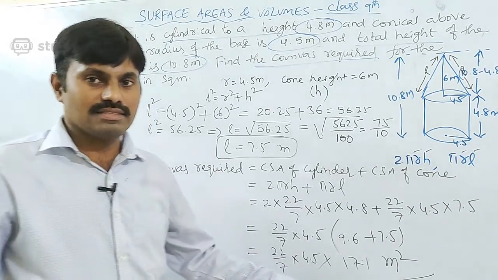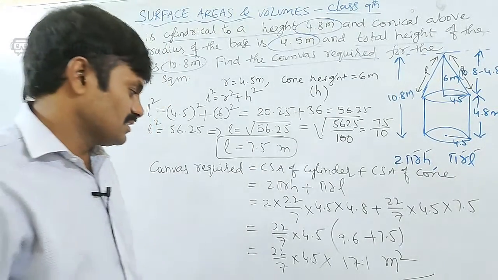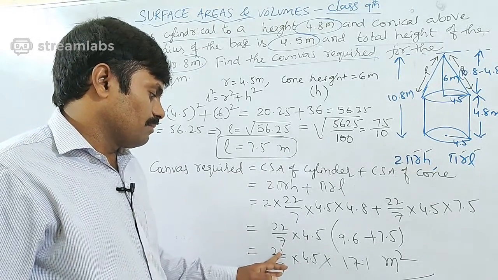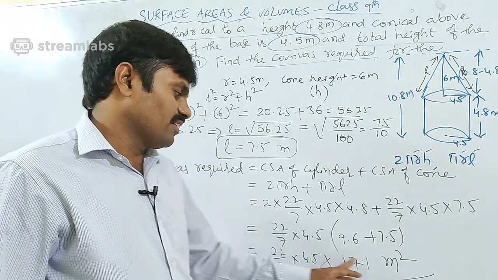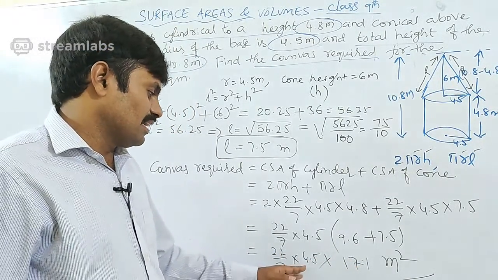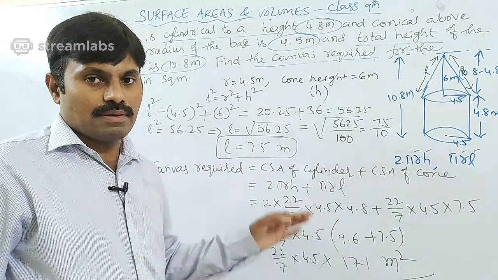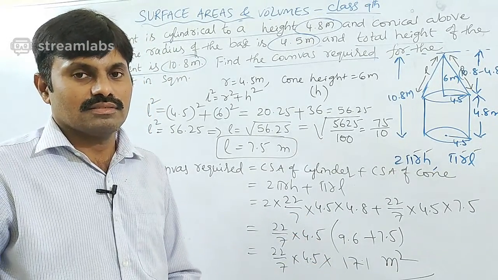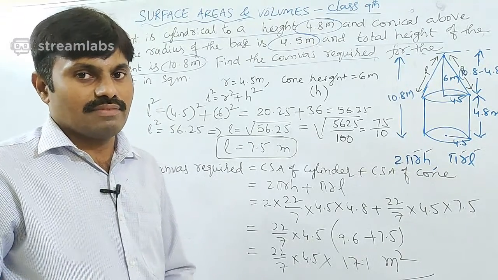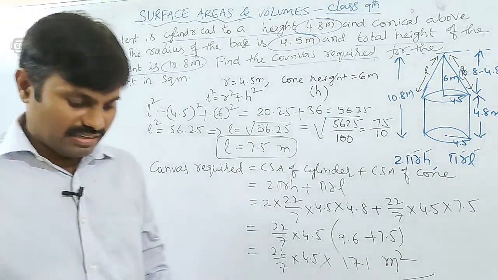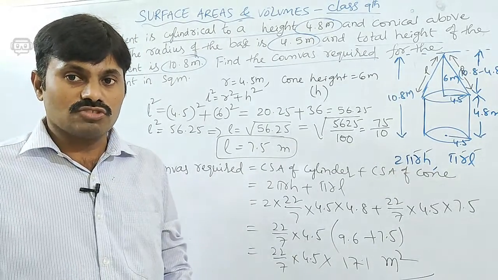Can you tell me the answer? Multiply 22 into 45 into 171 without the decimal point, then later keep the decimal places and divide by 7. This is the way to find the solution of this question.